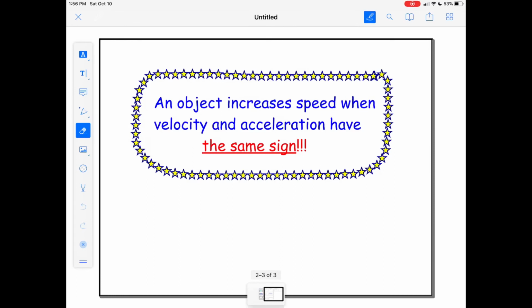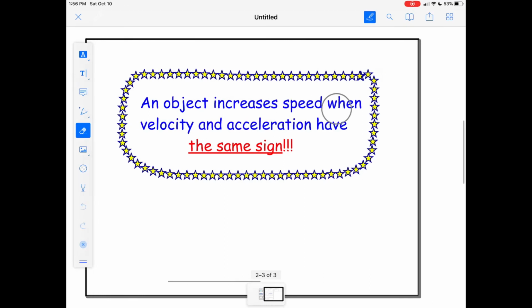This last piece is just on these specific questions where they ask, is the speed of this object increasing or decreasing? So, folks, speed of an object increases only when velocity and acceleration have the same sign.